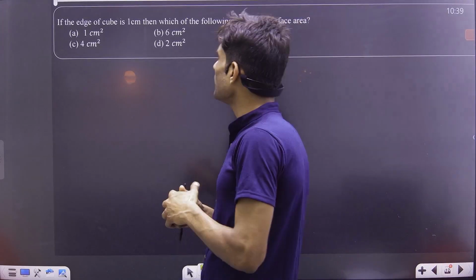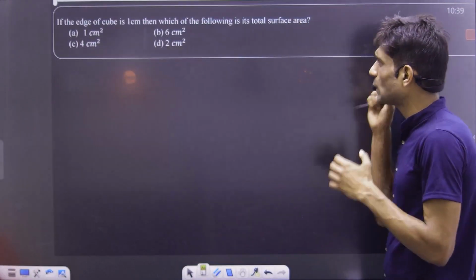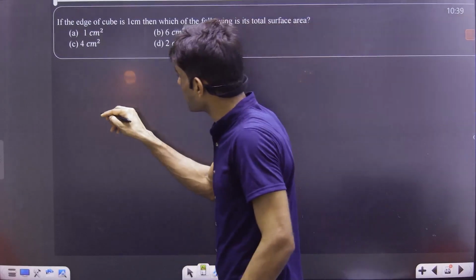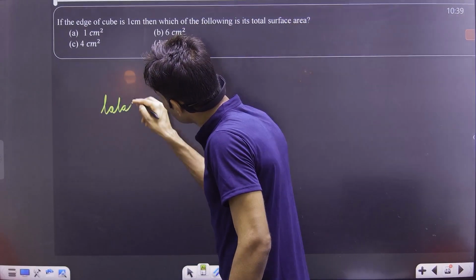The area of a cube is 1 centimeter, then which one of the following is the total surface area? Now you all have to understand the total surface area of a cube.